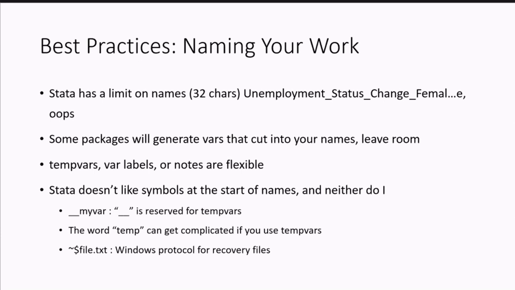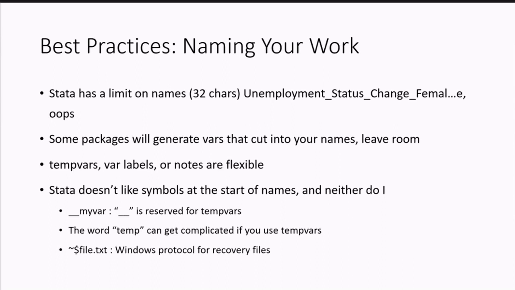You can type notes and have your variable name, and you can leave just text notes for yourself about that variable without the limitations of a label. And you can then include the timestamp in which you've created that variable if it's user generated, or you can include more detailed descriptions. You can include more than one note on the same variable, whereas you can only have one label on your variable at a time. Notes are great, highly recommend for Stata.